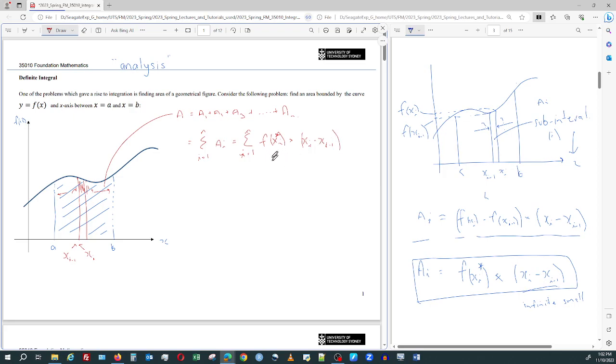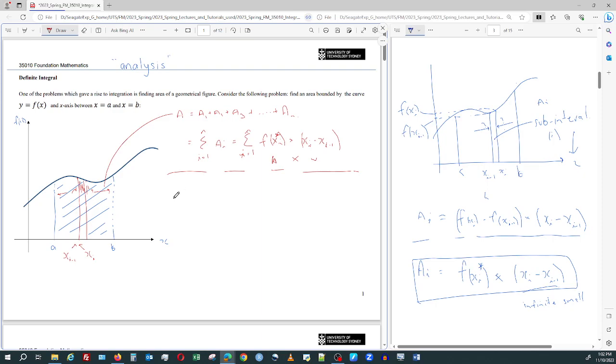So the height times the width, or the breadth, will go towards our area. So the area is in fact formally known as a Riemann sum.